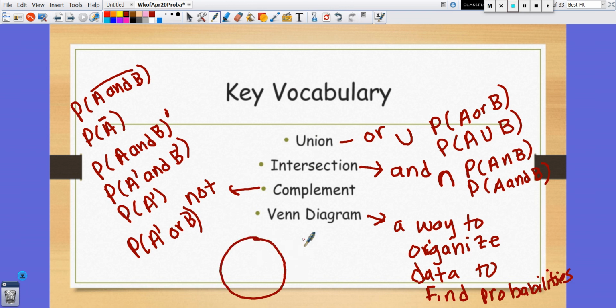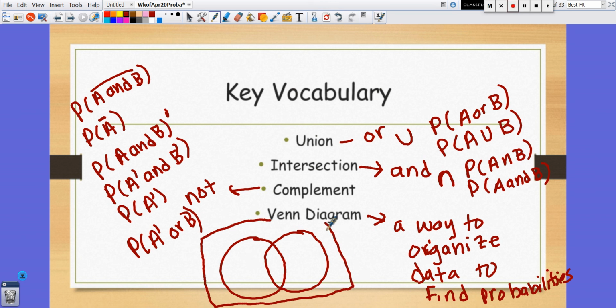Normally you'll see Venn diagrams like this, where the middle is the intersection, and then these here are the separate ones. On the outside is what's not a part of the two bubbles. And sometimes you get 3 of these, you get 4, they all mean the same thing. Okay? So let's dig in here.